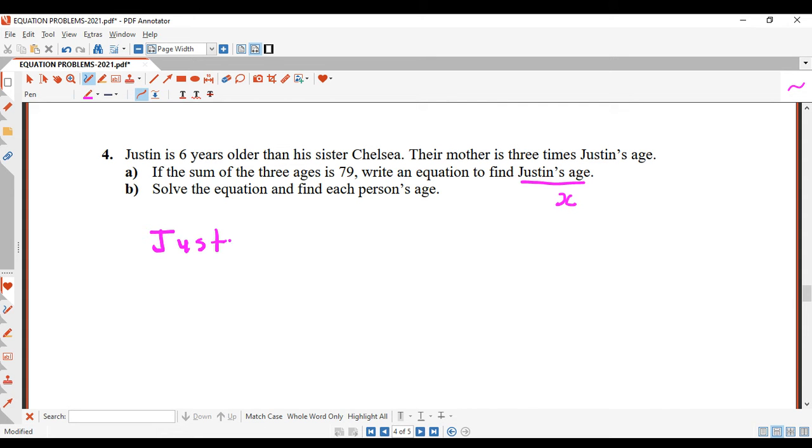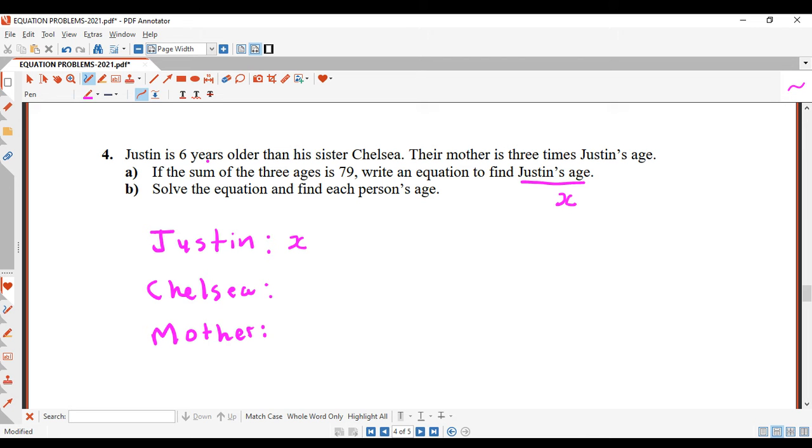So Justin, and then we've got Chelsea, and then we've got the mother. With these questions, we want to use just one pronumeral to define everybody's age. So Justin is X, because that's the age we're trying to find.